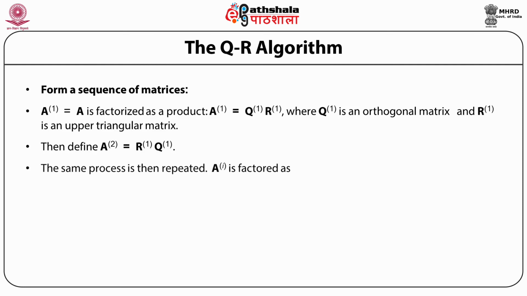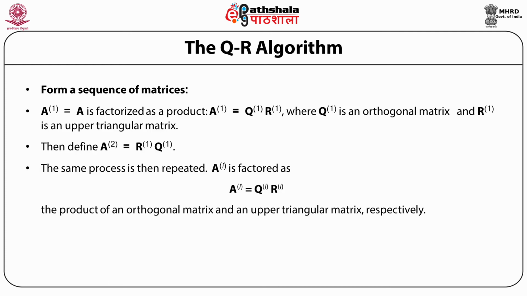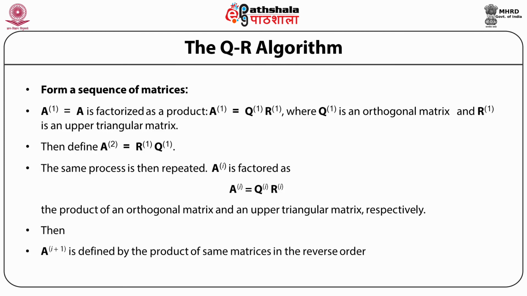Fourth, the same process is then repeated where A^i is factored as A^i equals Q^i R^i, the product of an orthogonal matrix and an upper triangular matrix respectively. Then A^(i+1) is defined by the product of the same matrices in the reverse order, where A^(i+1) equals R^i Q^i.